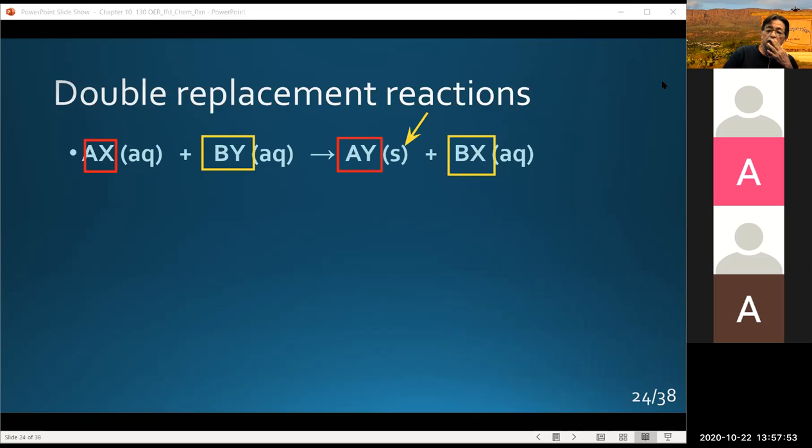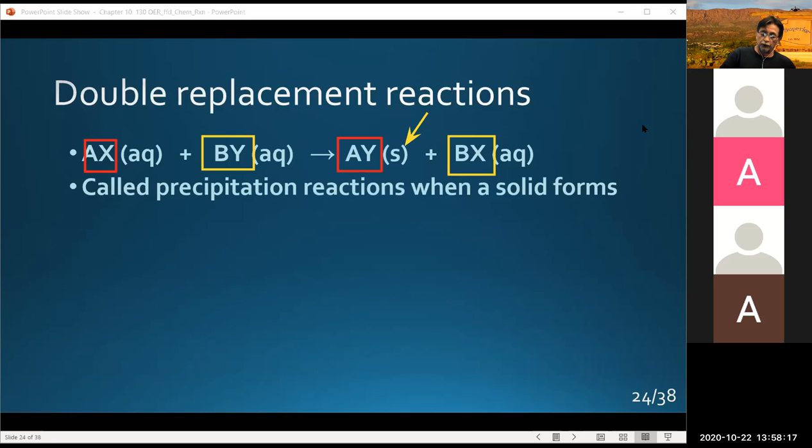All right. And the thing to take away from this is simply that the anions and the cations exchange partners. And by exchanging partners, they created a whole new compound. Now, if they're in aqueous solutions, the solubility rules then define whether a reaction proceeds or not.